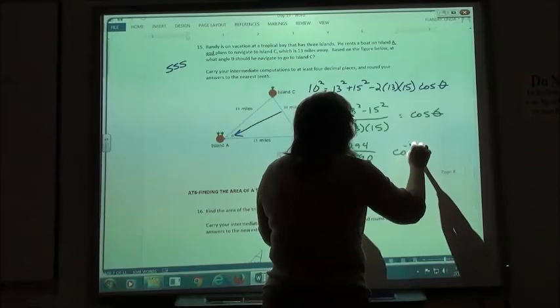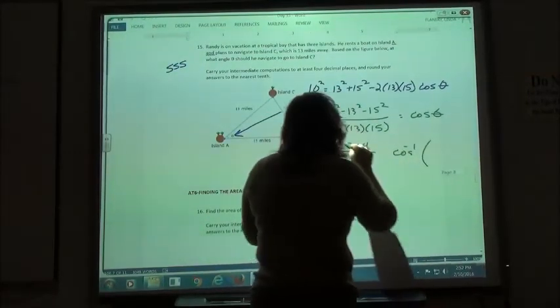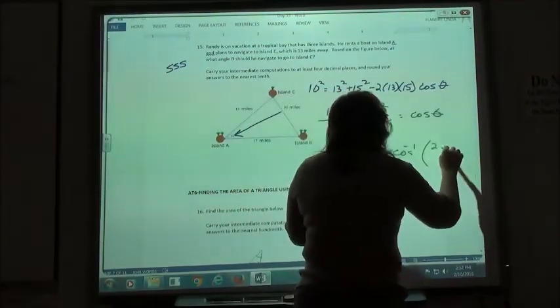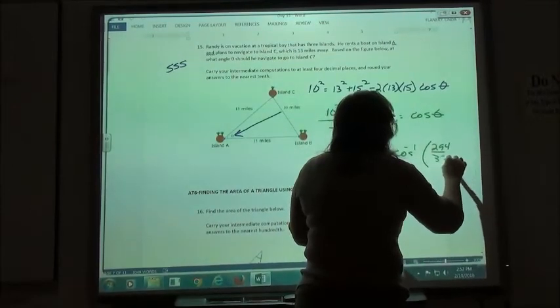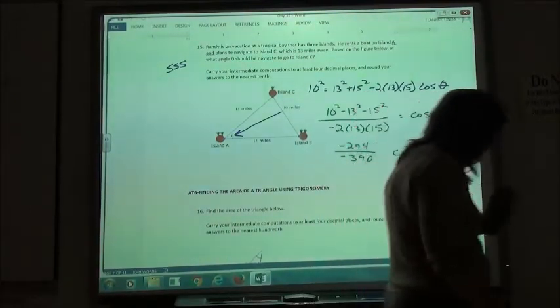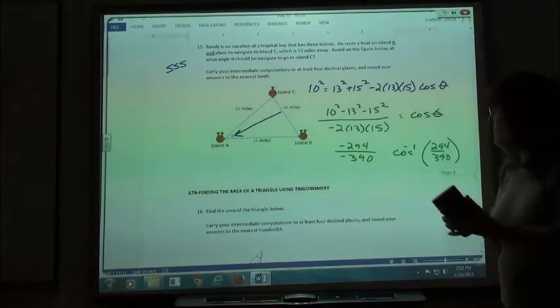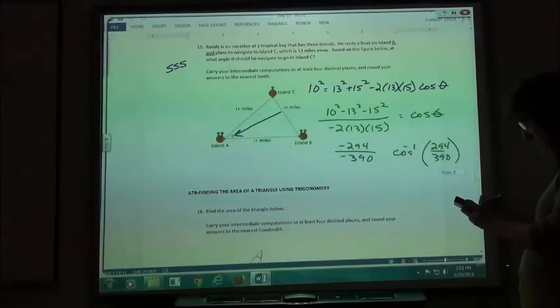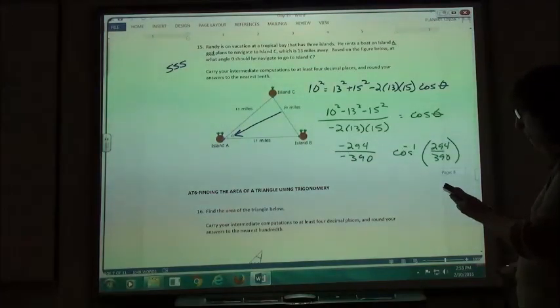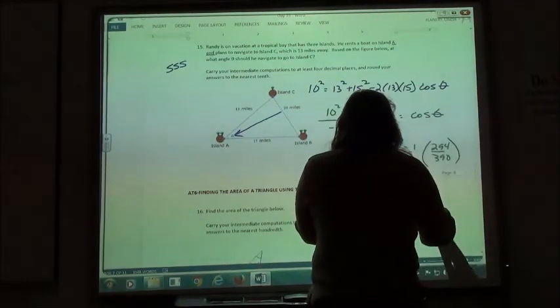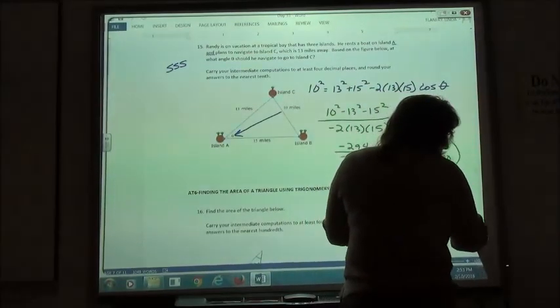We're going to do the inverse cosine. This is a negative over a negative, so of 294 over 390. So if I do inverse cosine, parentheses, 294 divided by 390, I get 41.0753.